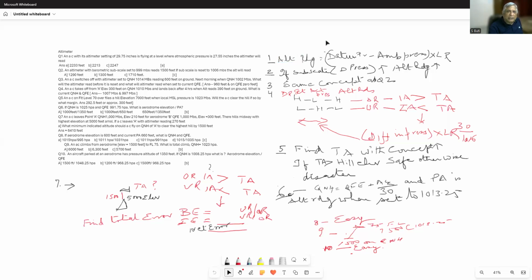And every 500 feet of the pressure altitude is one of the flight levels. Right. Let's go back to the questions now, numericals. Question number 1 deals with this concept, datum minus ambient pressure into the lapse rate.